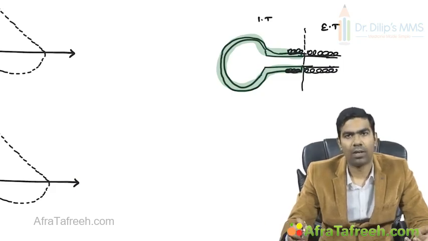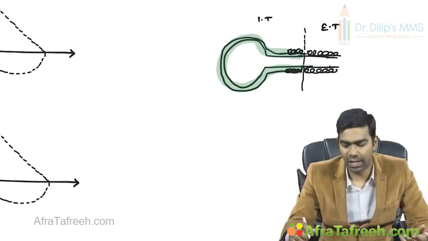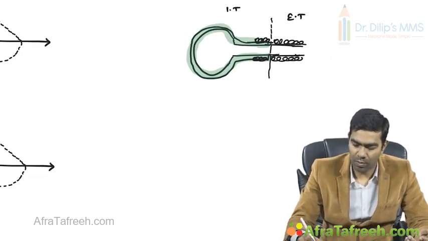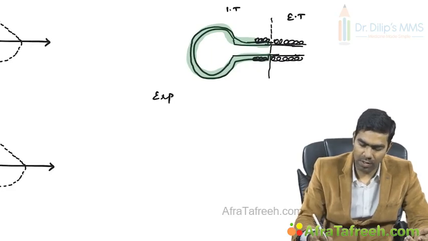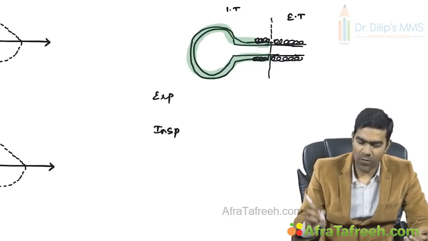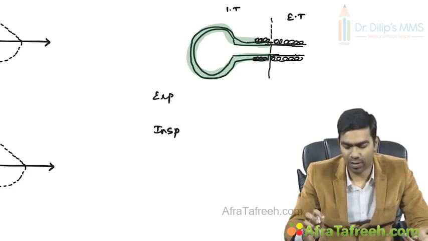But what is the importance of understanding intrathoracic and extrathoracic? Let us put what will happen during expiration and what will happen during inspiration in an intrathoracic airway and an extrathoracic airway.